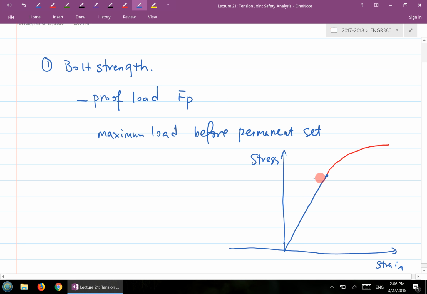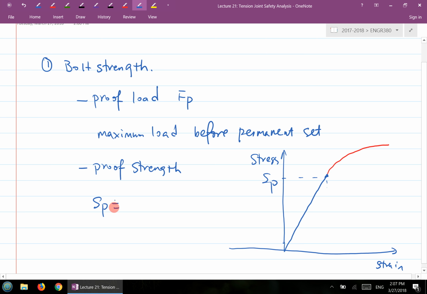This point here is the so-called SP, which means the proof strength.